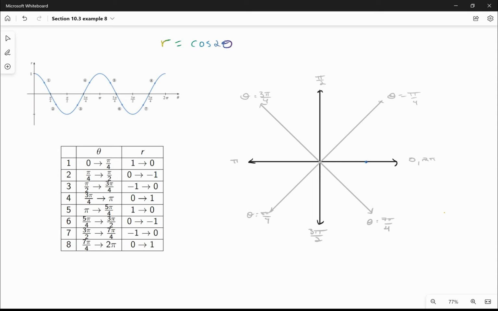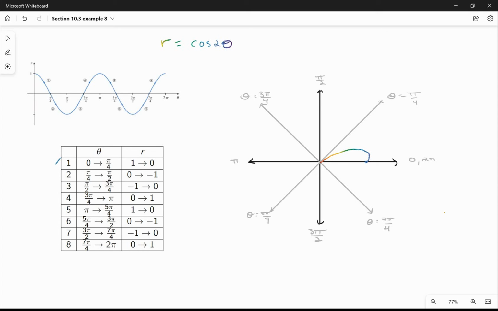Then we rotate theta from 0 to pi over 4, and simultaneously bring the distance r from the origin from 1 to 0, like so. And that's 1.